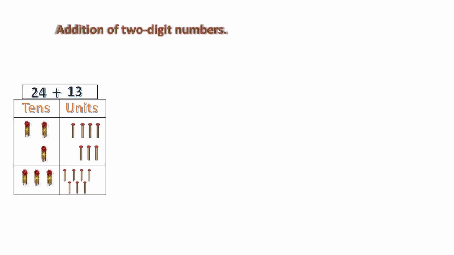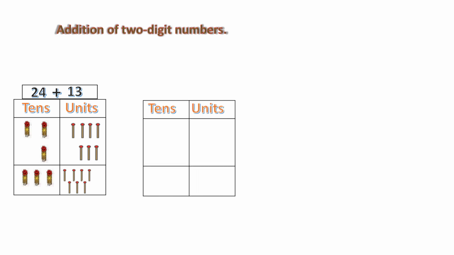When we add 2 tens and 4 units to 1 ten and 3 units, we get 3 tens and 7 units. This is the first method, and we can solve this problem in another method.